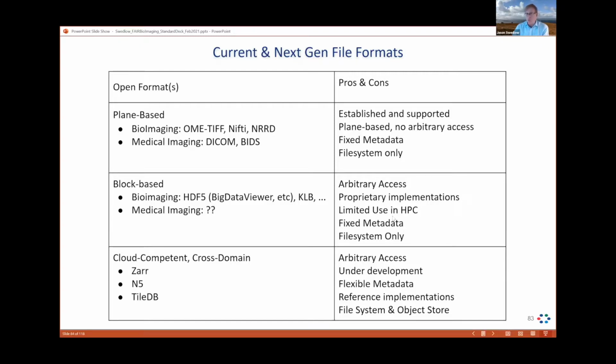These do not work very well in high-performance computing environments, for example, in deep learning. And if you want, I can get into technical details. Each of them ends up being yet another proprietary file format. And a critical point, and this gets very technical very quickly, they don't have the flexible metadata that is needed in a lot of the new applications.